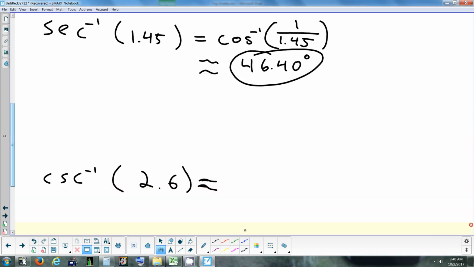All right, let's try inverse cosecant of 2.6. Okay, so Cameron, how would I rewrite that one so I can type it in? Okay, that's going to be the argument we type in. And what function are you going to use?